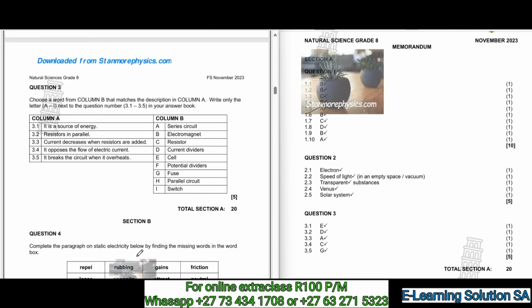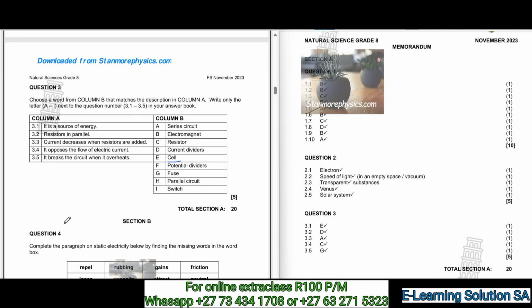Moving to question 3, here you are matching column A with descriptions in column B. 3.1, a source of energy, that one is E, which is the cell. 3.2, resistors in parallel, that one is D, which is current dividers.